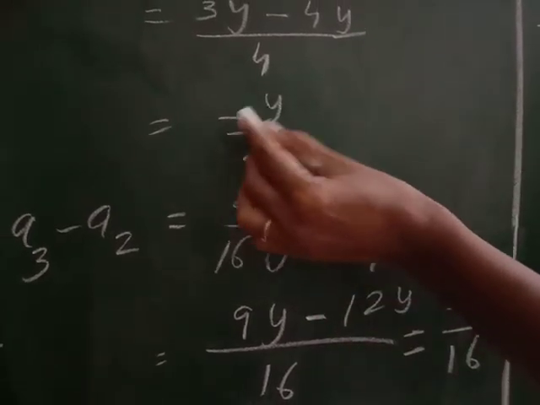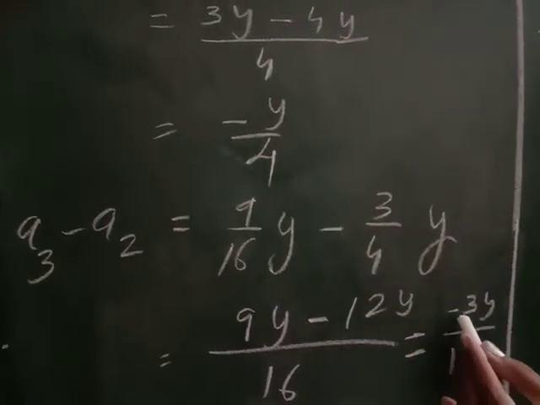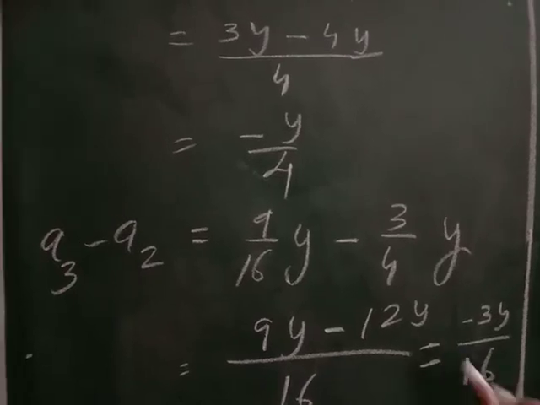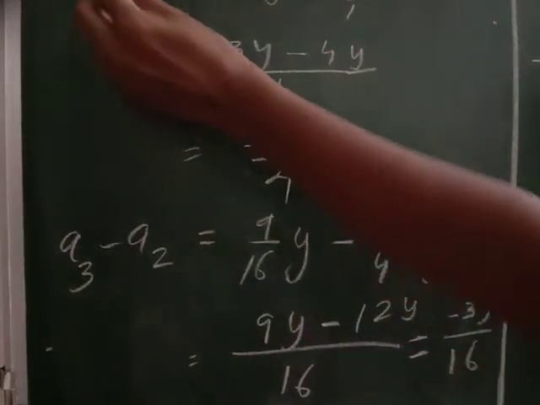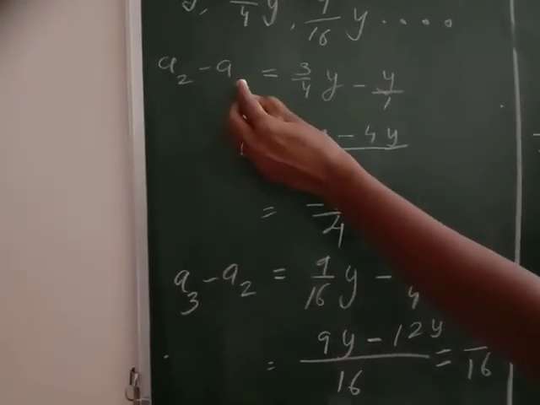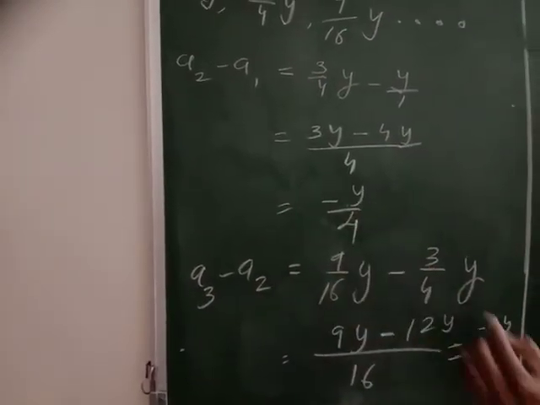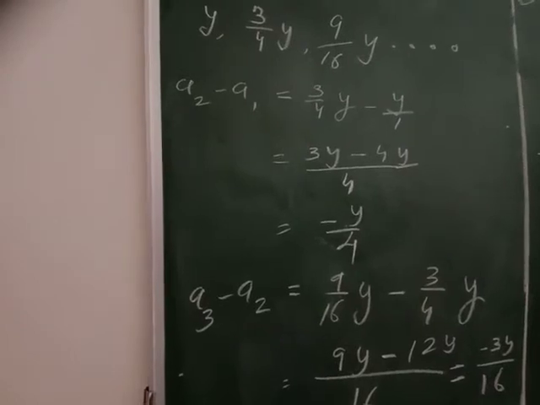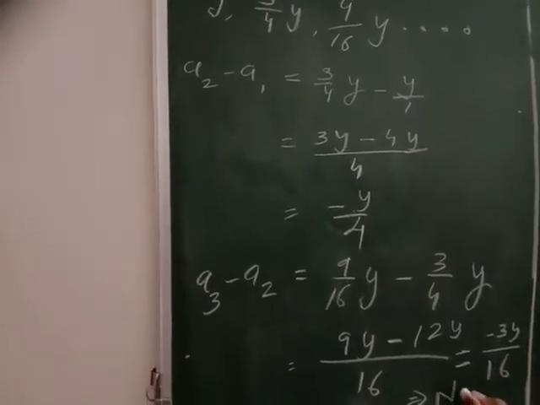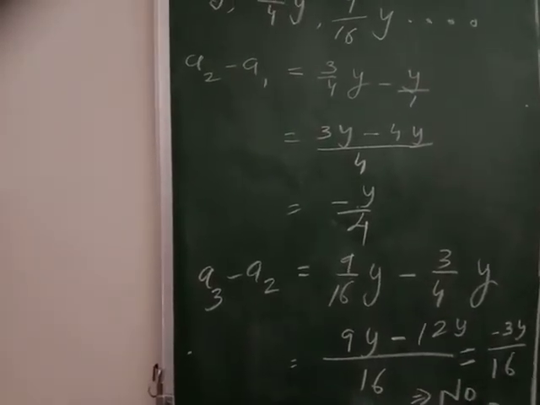So here it is minus y by 4 and here it is minus 3y by 16. So they are not equal. So A2 minus A1 is not equal to A3 minus A2. They are not equal, so the answer is no. It does not form an AP.